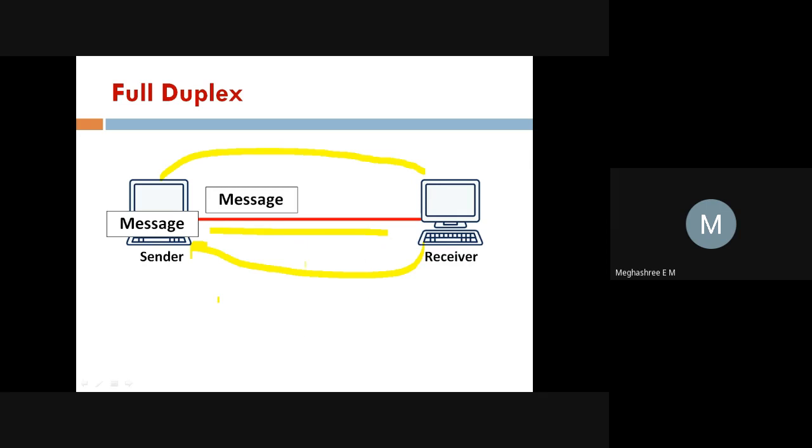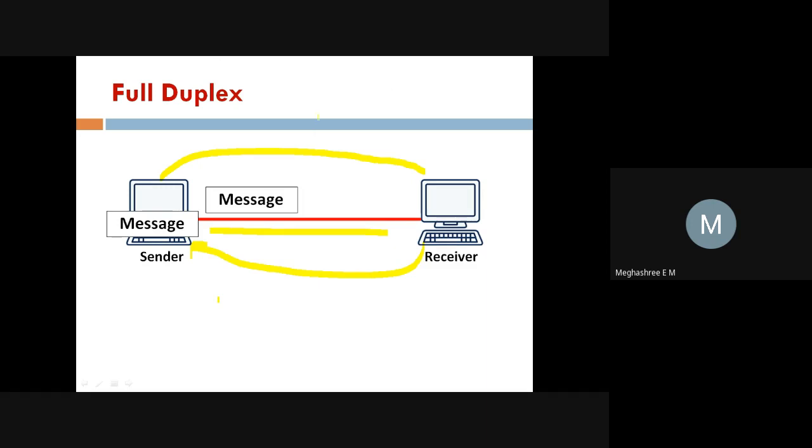The best example for full duplex is a telephone network. I'm talking to you, and you can talk back at the same time. This is the best example for full duplex.